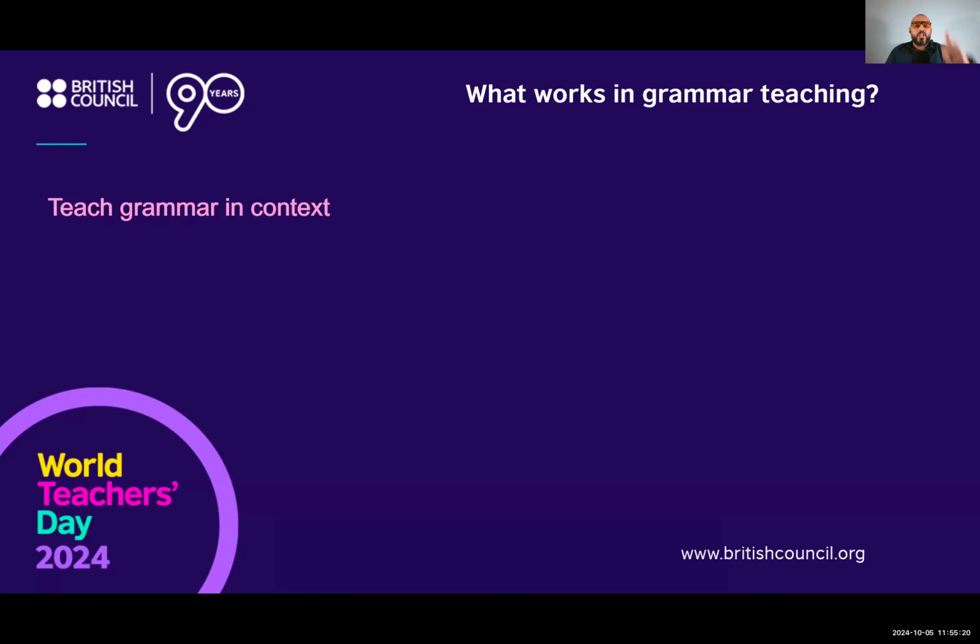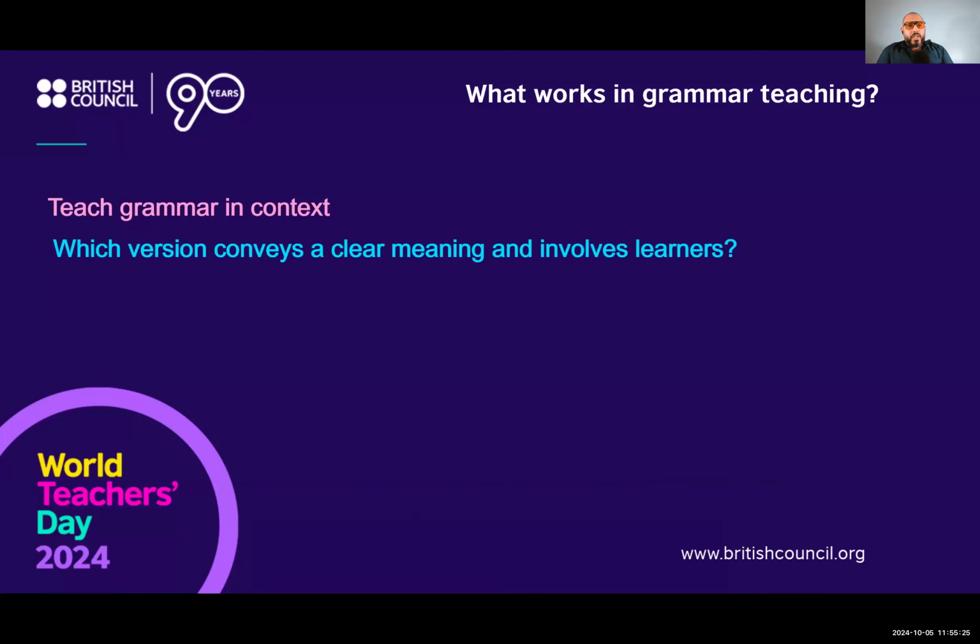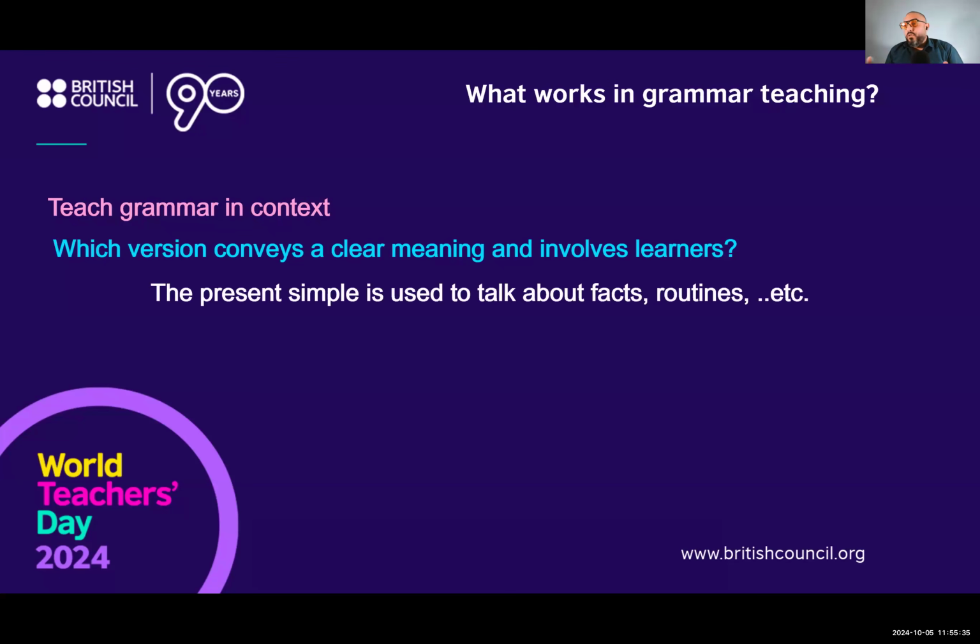Number one, teach grammar in context. And I want you to think with me about the answer to this question. Which version conveys a clear meaning and involves learners? A teacher goes to the classroom and starts talking about the simple present tense.